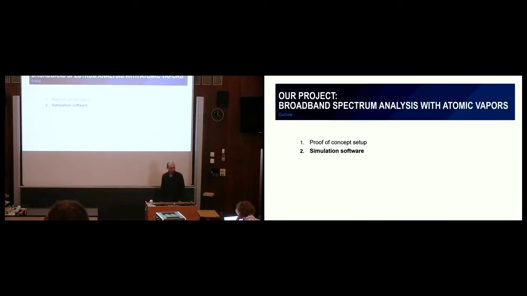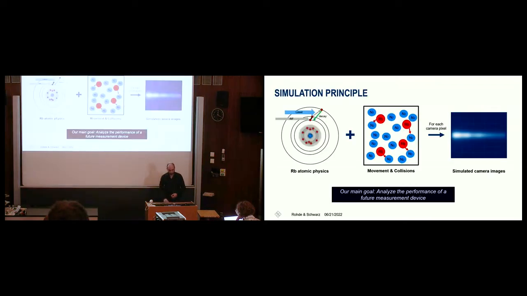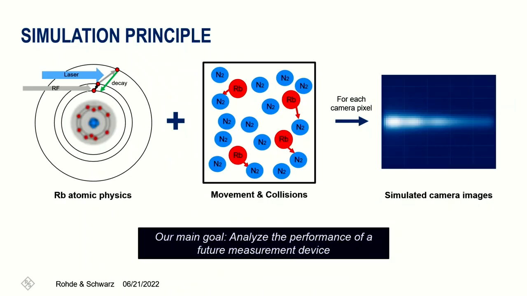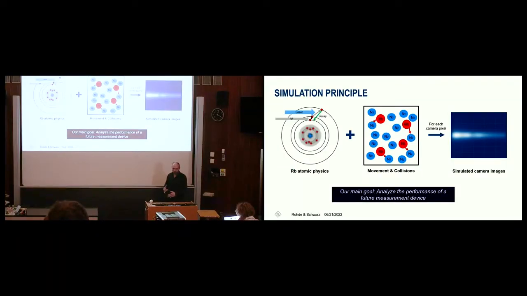Okay, so much for the experimental setup. Now I want to show a bit the status of the simulation. So, the general principle is this. We simulate the atomic physics of each rubidium atom. That includes the RF interaction between the rubidium atom and the RF field, but also the laser interaction and also the internal levels of rubidium, of course.